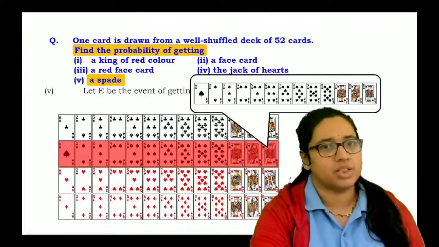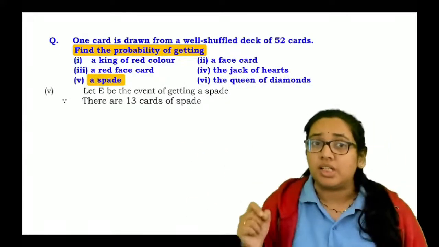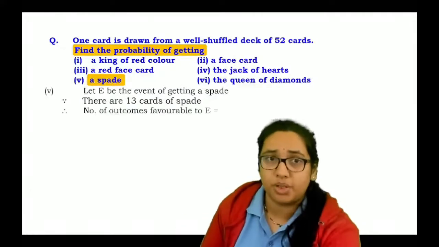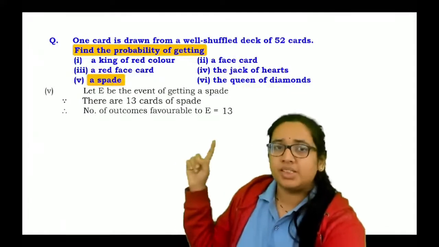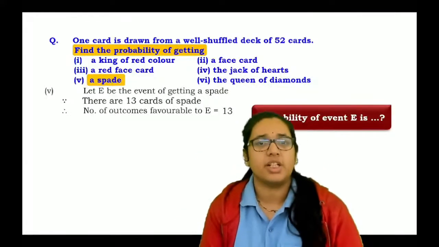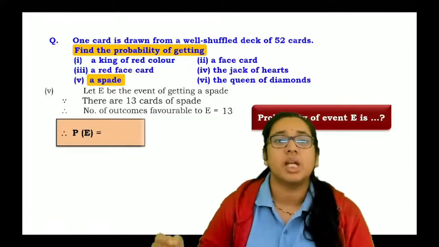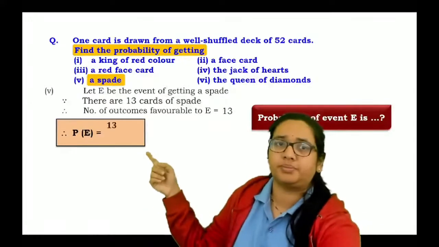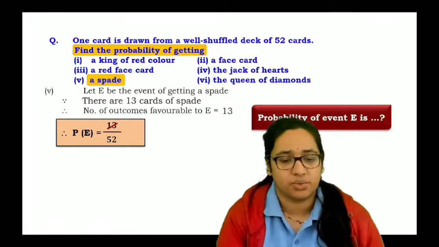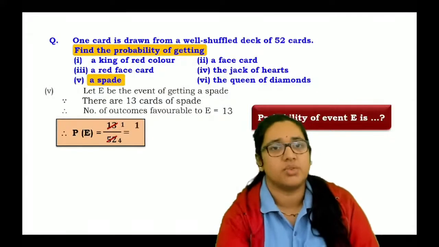Hence, there are a total of 13 cards of spade. Therefore, the number of favorable outcomes will be 13. The probability of this event is the number of outcomes favorable to this upon the total number of cards. That is 13 ones are 13, 13 fours are 52. So you will get the required answer as 1 upon 4.